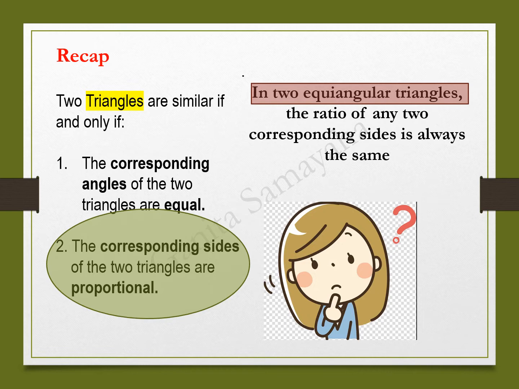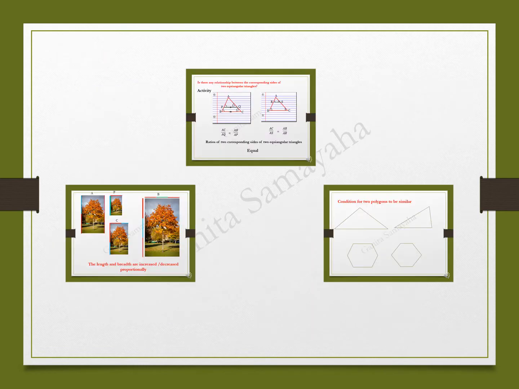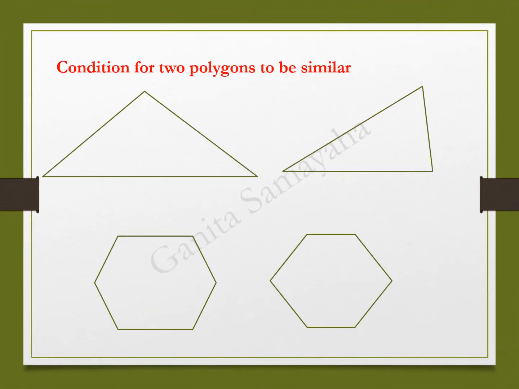Let us take just a small recap about what we did to understand this concept. I'm sure you all have not forgotten about it, but I just want to remind you. What did we do? We observed a few figures which did not have the same shape, and we concluded that for these figures to have the same shape, their angles must be the same.